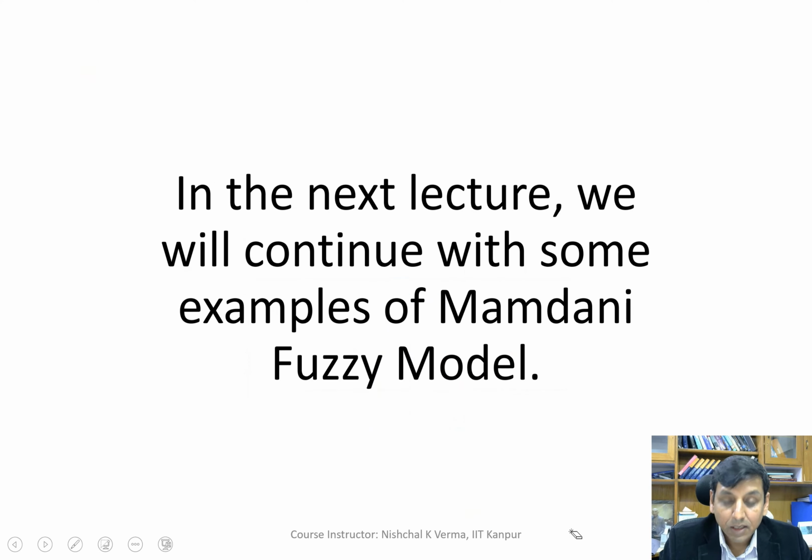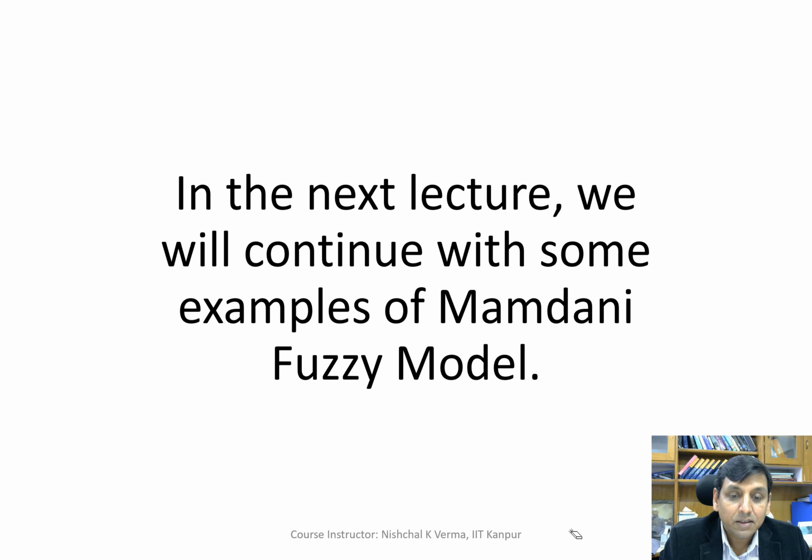So this way we have seen how the Mamdani fuzzy model operates for different scenarios, like single rule with single antecedent, single rule with multiple antecedents, multiple rules with multiple antecedents, and with different compositions like max-min and max-product, and all of these with fuzzy inputs and crisp inputs.